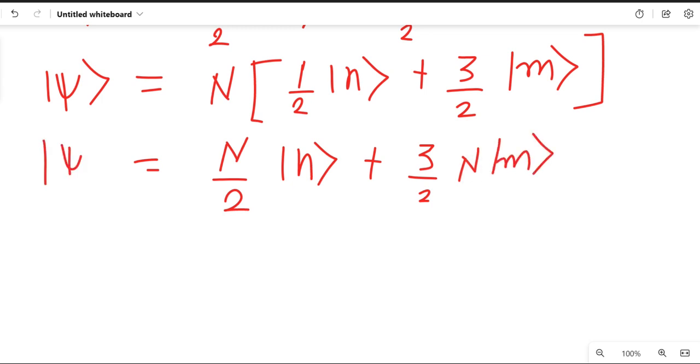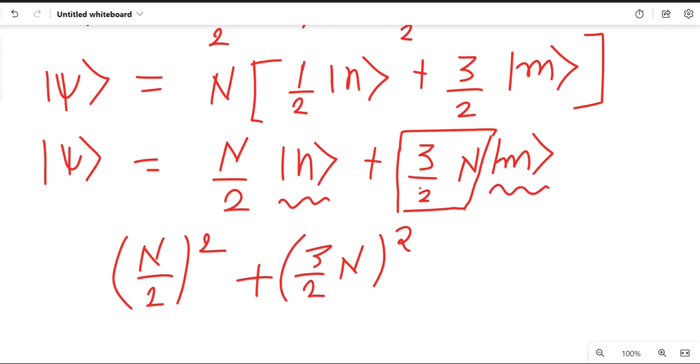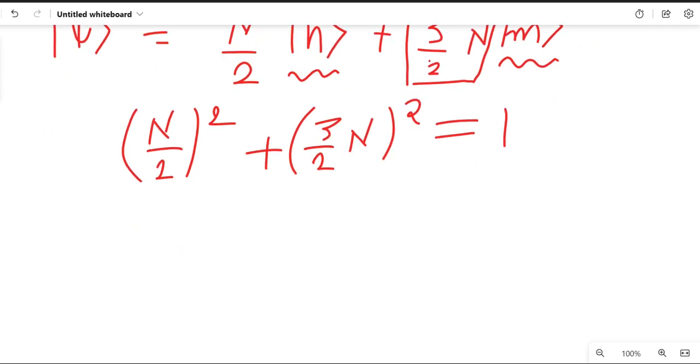So the n state coefficient is N by 2, take it and square it, plus the m state coefficient is 3N by 2. Take it and square it, so it will be 3N by 2 whole square, and the normalization condition says this must equal 1.